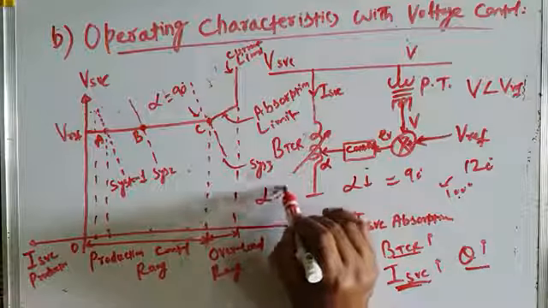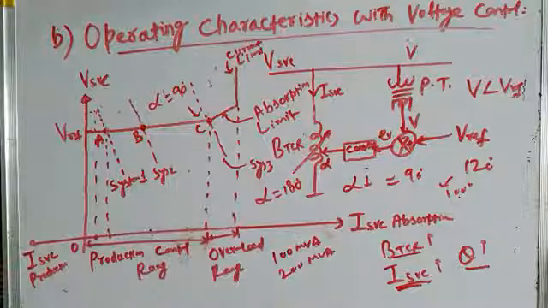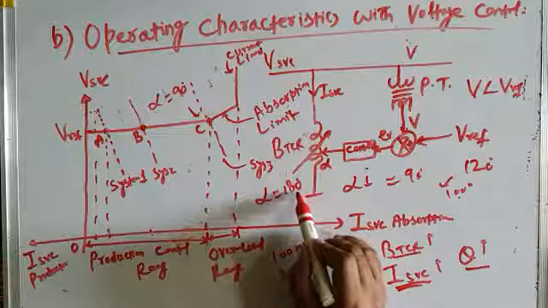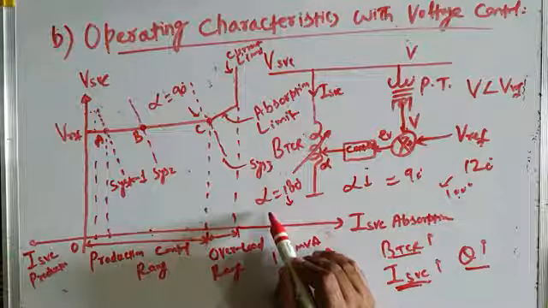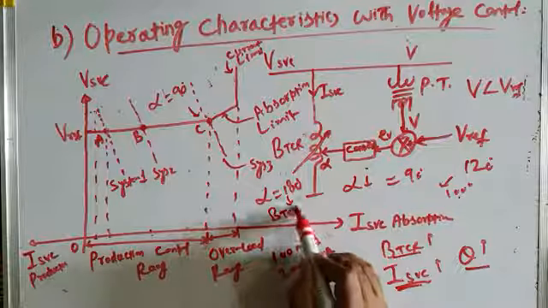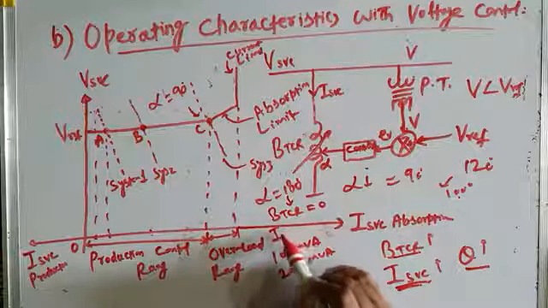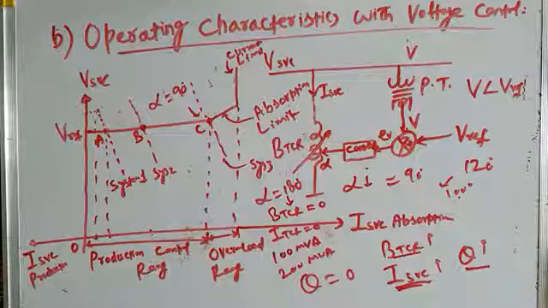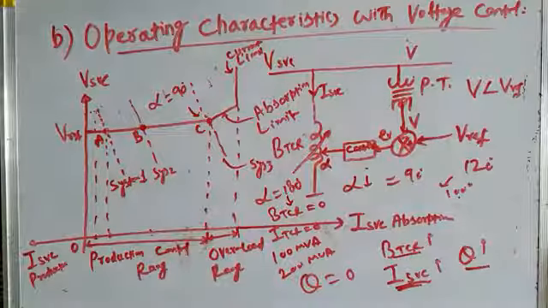That means you operate it at alpha equal to 180 degrees, or withdraw all the firing pulses from the thyristors, for which susceptance becomes 0 and current ITCR becomes 0, and it does not absorb any reactive power. It does not need to, because your load is already absorbing reactive power.